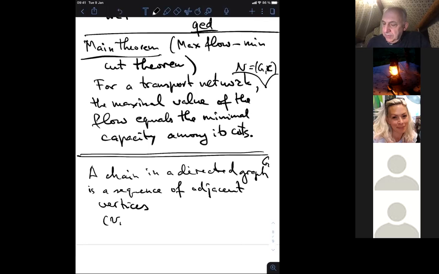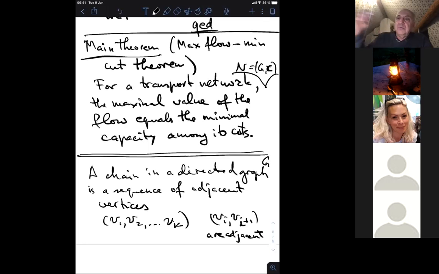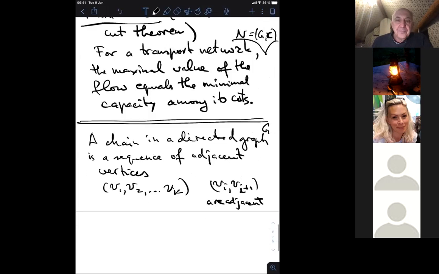So V1, V2, and so on, Vk. So Vi and Vi plus 1 are adjacent. So that means that there is either an edge from Vi to Vi plus 1 or the other way around, because it's a directed graph.